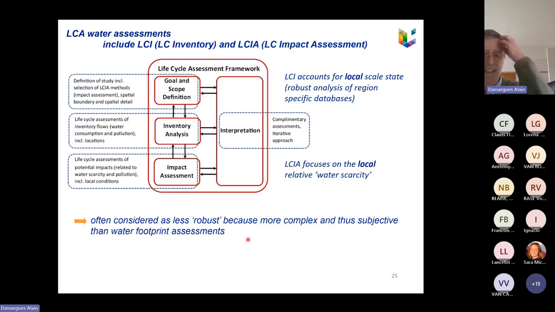So it means that this life cycle assessment framework is very good because it is detailed and, let's say, well designed, but it is more complex to understand it, and it is more complex to build it and can be considered as subjective to some extent.